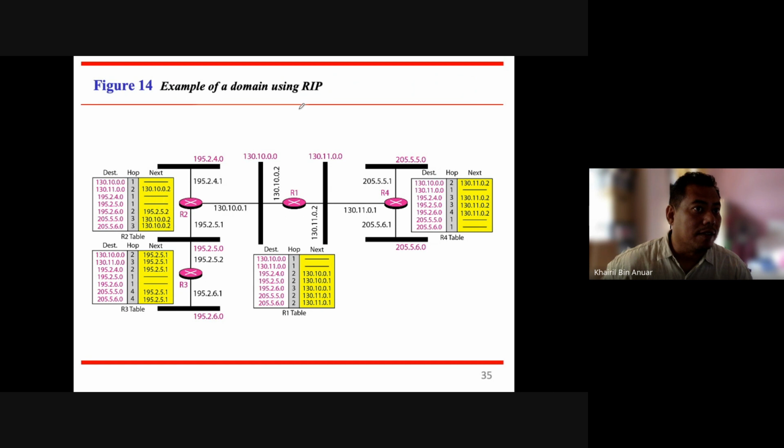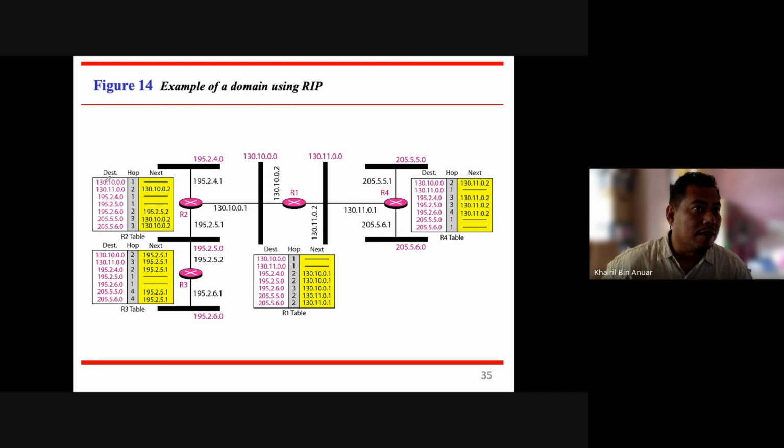So this is RIP. Here you can see that you have a few networks. You have network 1, then network 2, and so on, 7 altogether. But the routing table is seen on the router itself.